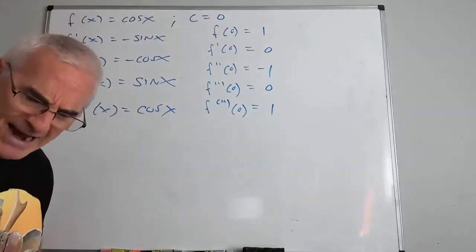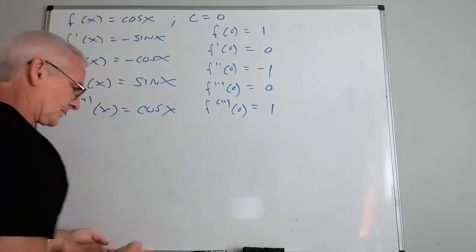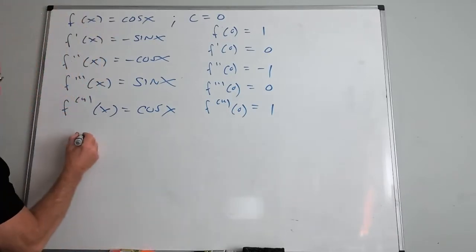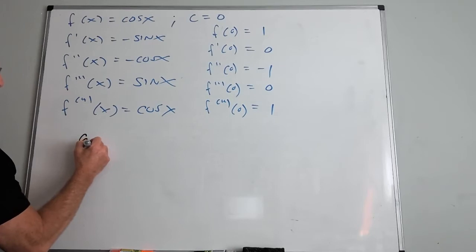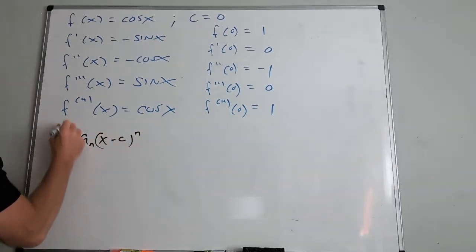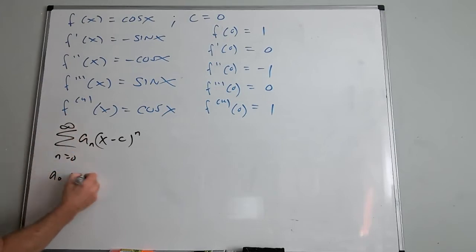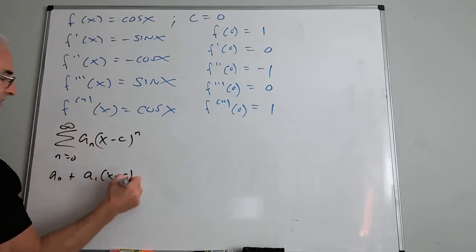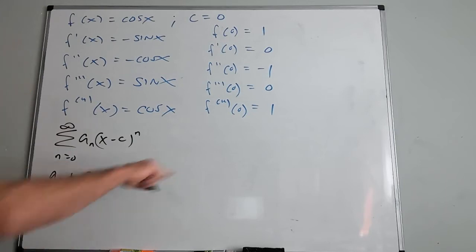So that means my power series, remember the power series in general, the sum of a n times x minus c to the n. Remember, this is a0 plus a1 times x minus c to the first plus this is what we have.